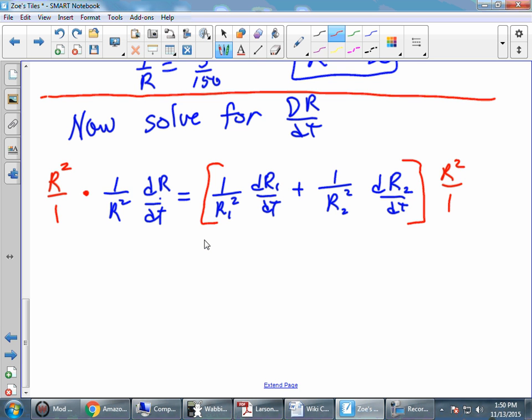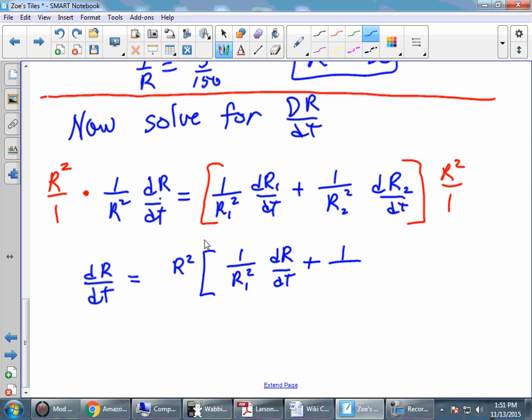My gut feeling is we don't have to. Okay? So now I have dr dt equals r squared times 1 over r sub 1 squared dr sub 1 dt plus 1 over r sub 2 squared dr sub 2 dt. Cool.